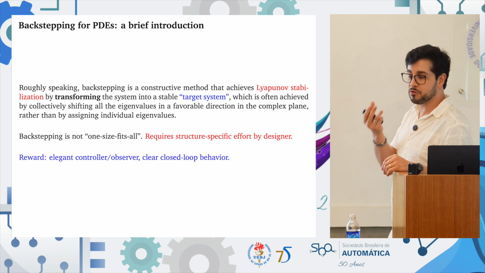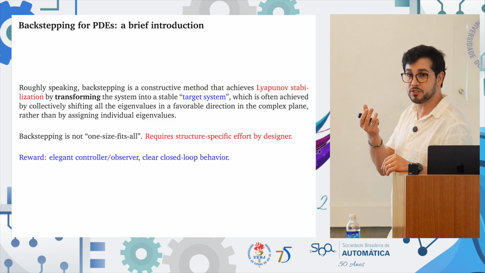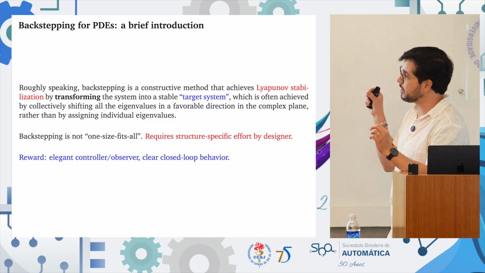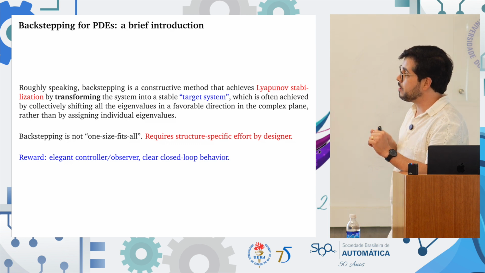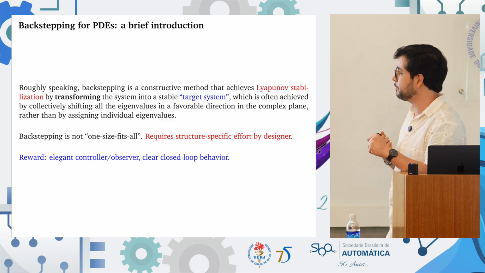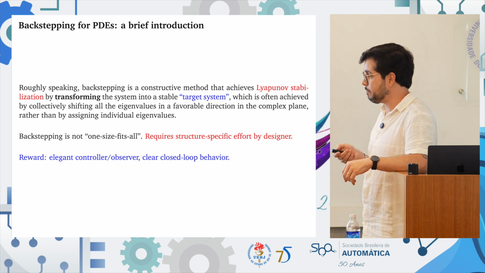And we have to find the transformation that maps the original, unstable system to the target system, which is the stable one. It's not a strategy that fits all problems, because it requires the knowledge of the designer to see what is possible, what terms can be cancelled by the feedback law and which cannot. And doing this, we try to find the transformation that makes the system stable.